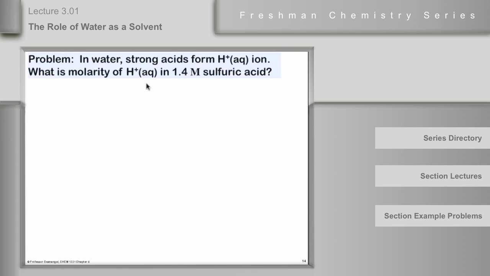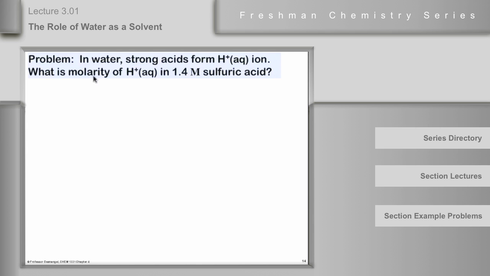Sulfuric acid is a strong acid, and its formula is known to you as H2SO4, I'm sure. And being a strong acid, it means that the molecule undergoes dissociation when it's in water, and it produces, to a large extent, 2 hydrogens as ions and the sulfate ions.